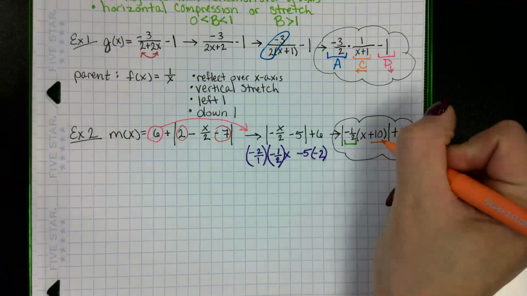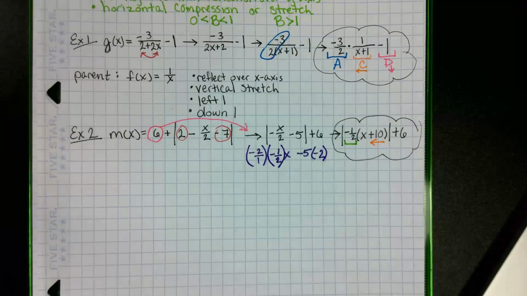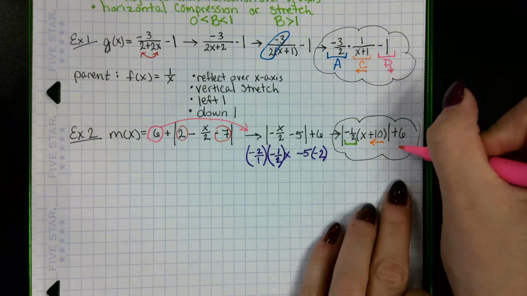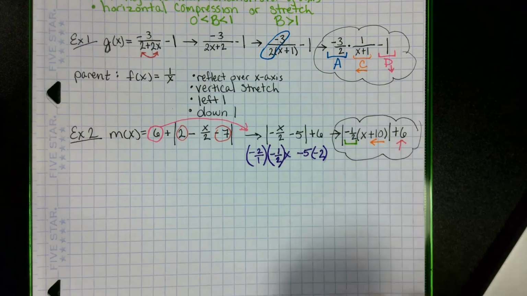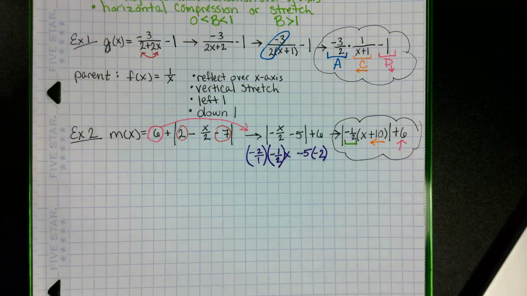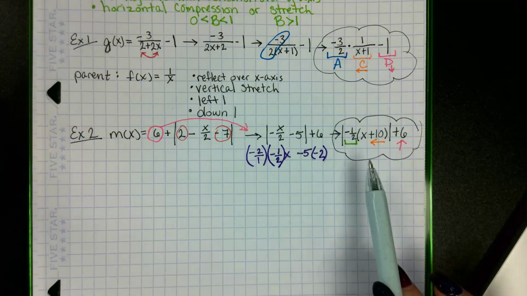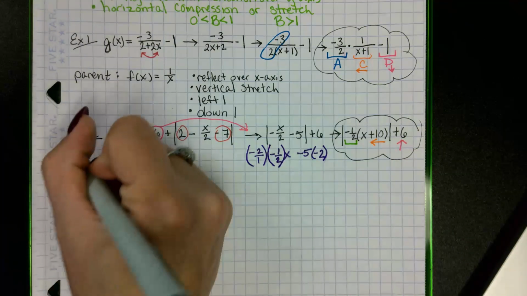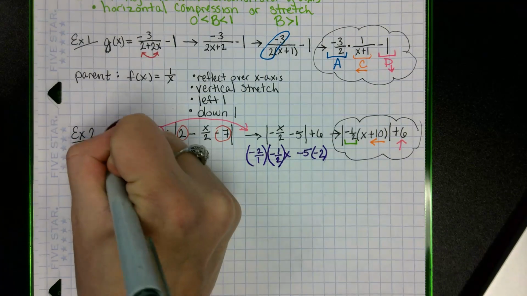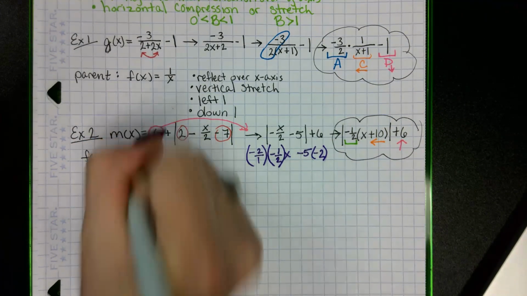So that's shifting to the left 10 spaces. And I have a positive 6 on the outside, so it's going to go up 6. So my parent function here is absolute value. So f of x equals the absolute value of x. That's the parent function.